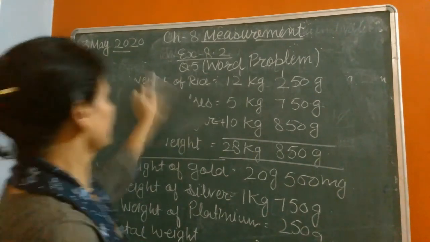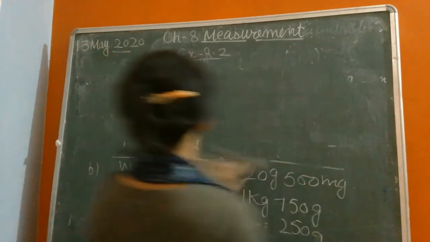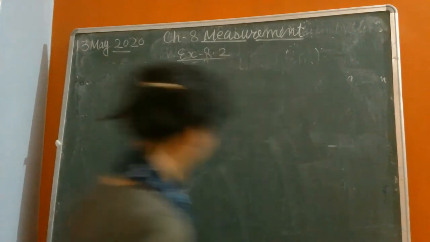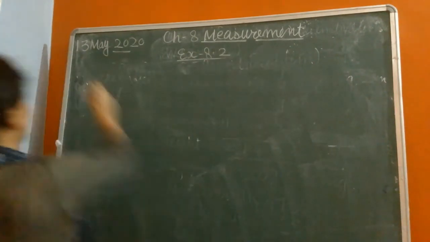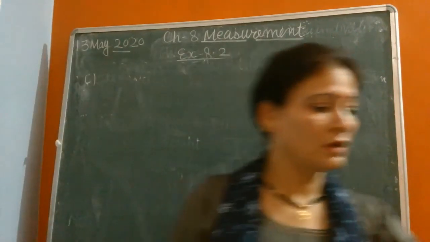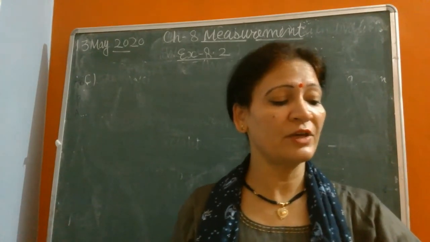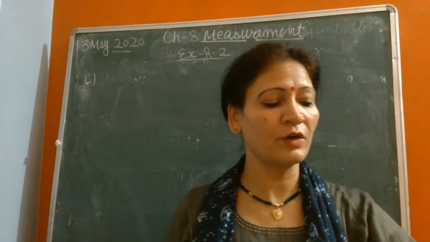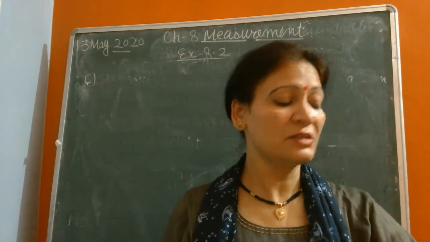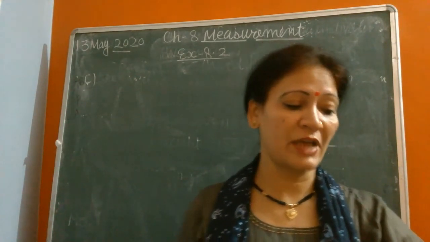Now part C. A 2.5 liter cold drink was bought for distribution to the guests. After the guests left, 250 ml of the cold drink was left.